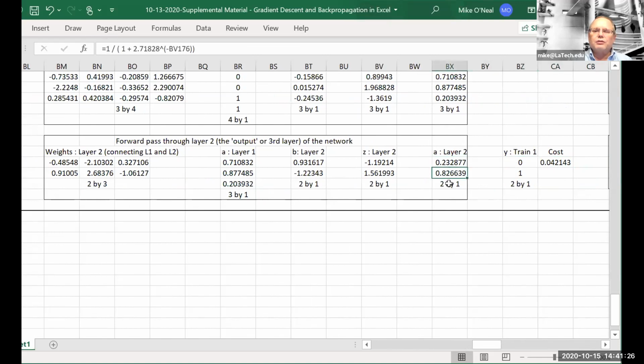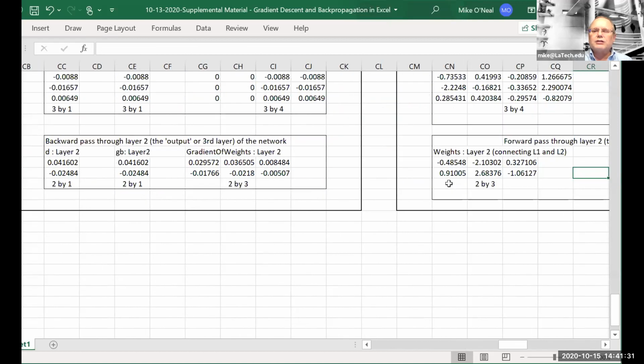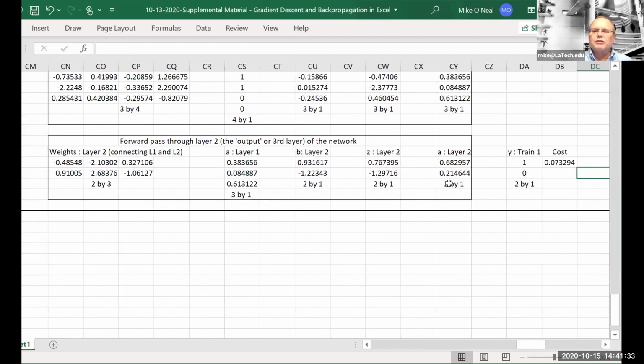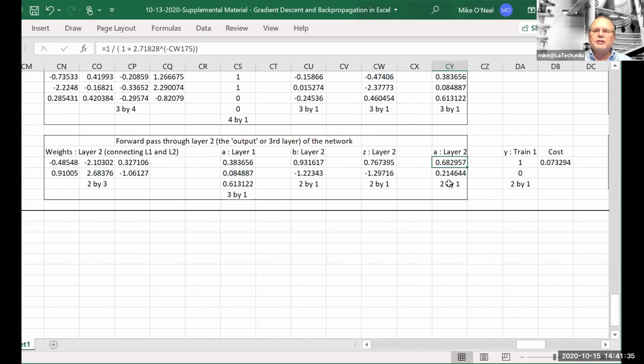Same thing, 0.23, 0.82, it's supposed to be 0, 1, so that's correct. And this last one will be correct too, 0.68, 0.21. So clearly this one is much larger than this one, so 1, 0. So it did learn.